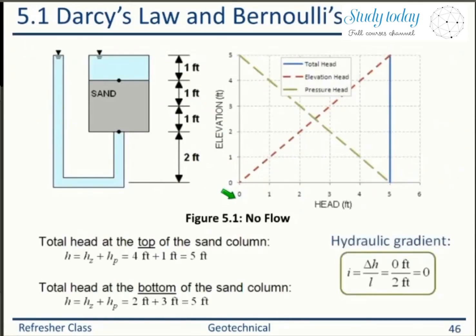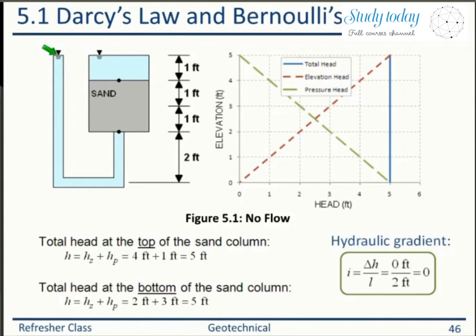So if you look here, let's say there is a ground surface made of sand, and that ground has a water table. Let's say the water level is above the ground surface, which is 1 foot in this case. If you insert a piezometer at the bottom of that soil, let's say it's made of sand, you can see the water level has risen here.